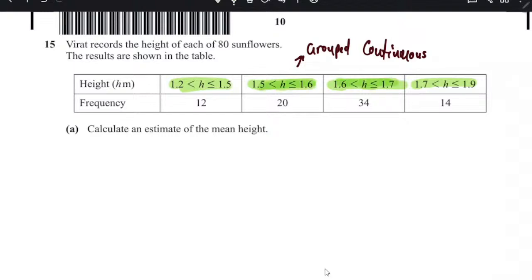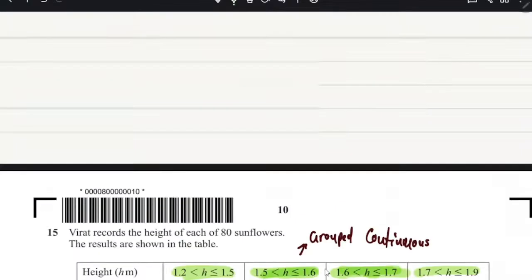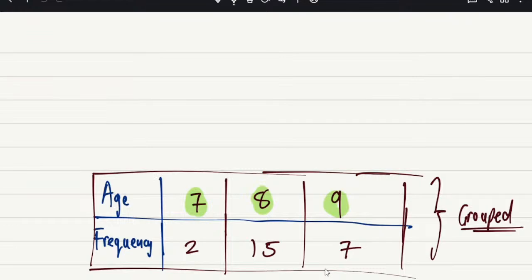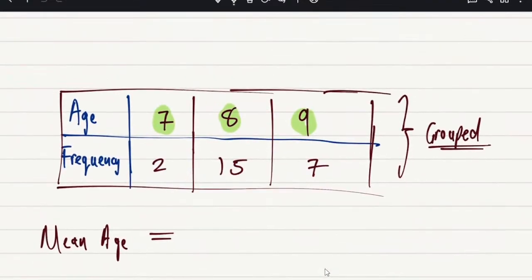You see what it is? It's data that is in a range, so it's continuous. But if it's given to you as whole numbers like this, it can come. This is data that is grouped, but it's discrete. So look, what makes you know the formula to use on those things is you can recognize the type of data.